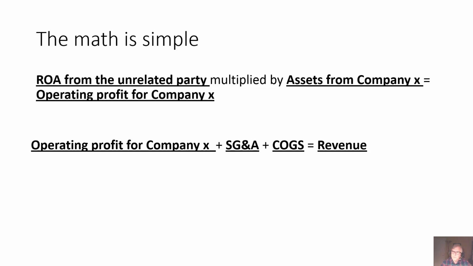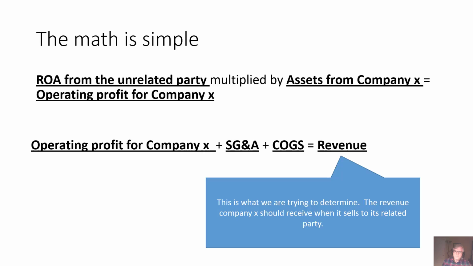And once I know that operating profitability, and I do know the SG&A, the selling, general and administrative expense, and the COGS of my company X, I can add those three things together to say the revenue would have to be this number so that at the end of the day, they make this profit. And that's all that goes into this. The revenue is what we're trying to determine.